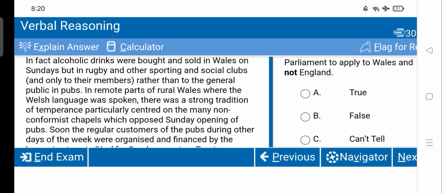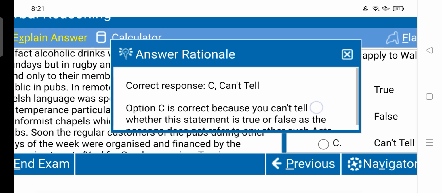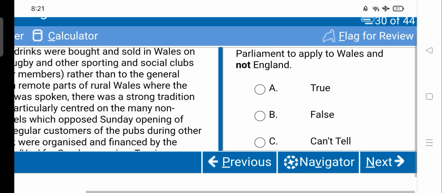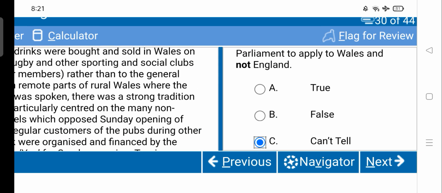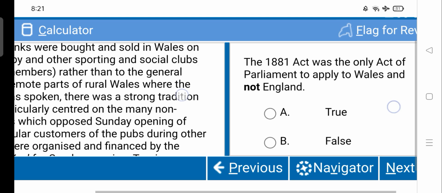You can take a look at it. So let's see which option is correct, which is option C, because you can't tell whether the statement is true or false, as the passage does not refer to any other such acts. So that's why option C, which is can't tell, is the right option.